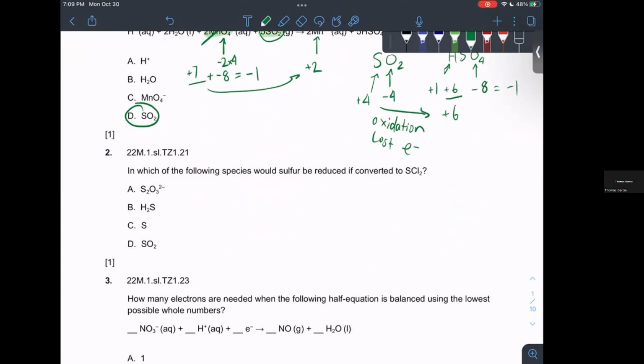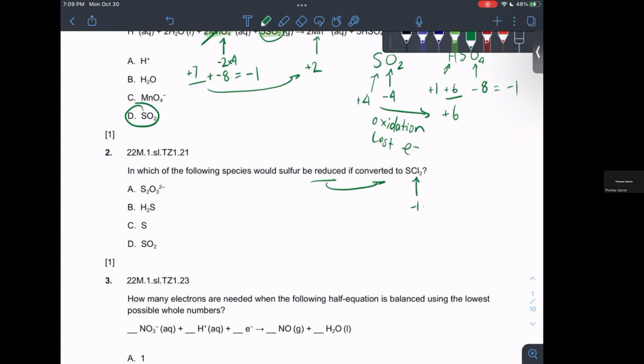All right, every single problem following this one is honestly very, very similar. So moving on to number 2, which of the following species would sulfur be reduced from if converted to SCl2? So which one of these reduces to that? Meaning if it's reducing to become that, well, let's see what it is.